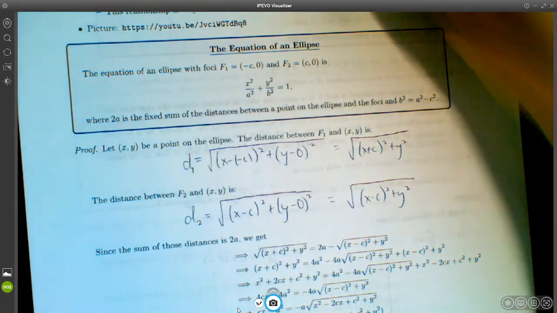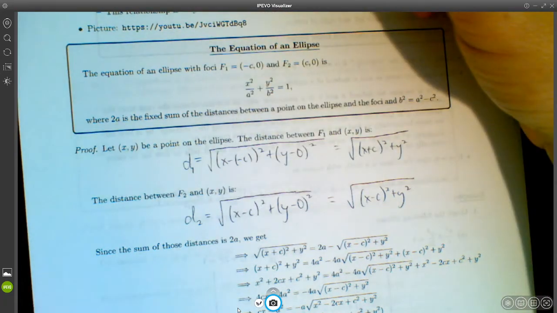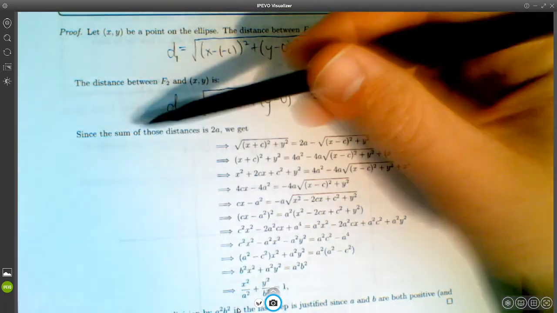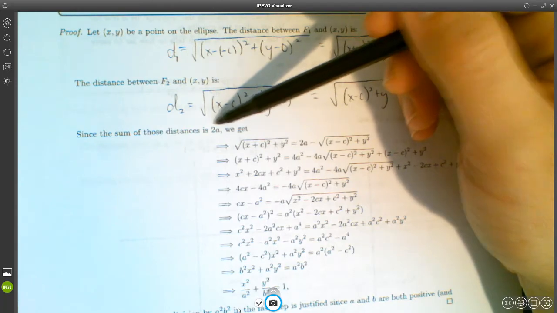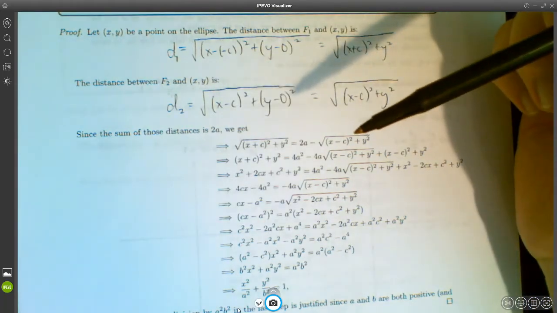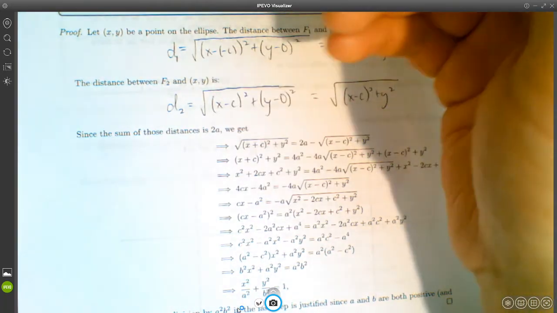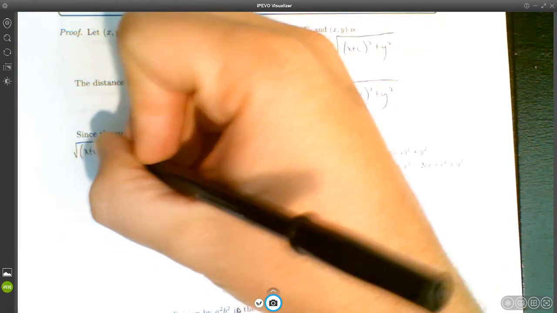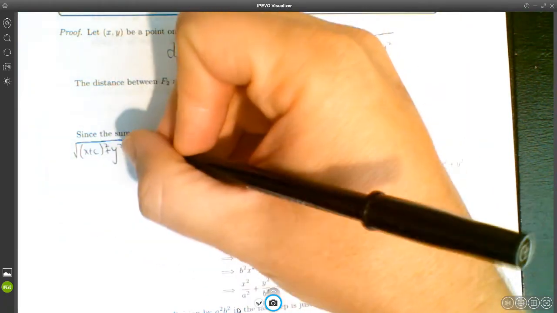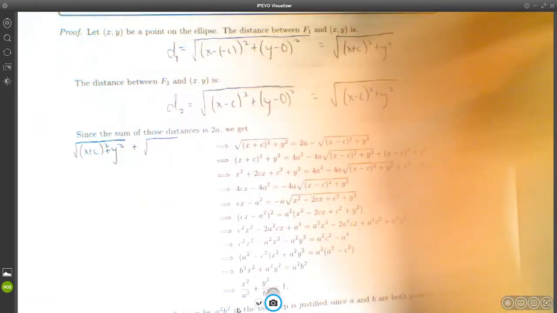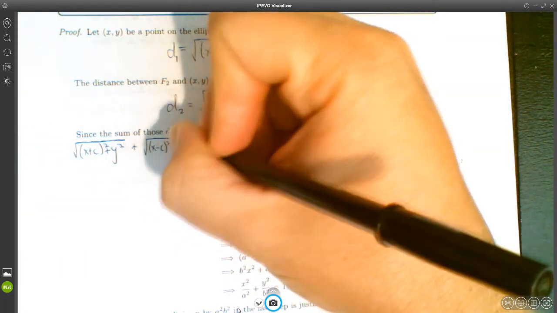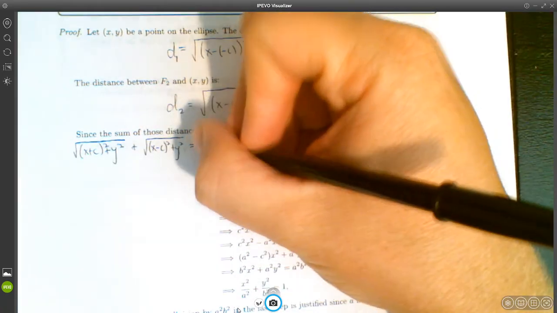Now by definition of an ellipse, the sum of these distances, d1 plus d2, is 2 times a. So we know that the square root of x plus c squared plus y squared plus the square root of x minus c squared plus y squared equals 2 times a.